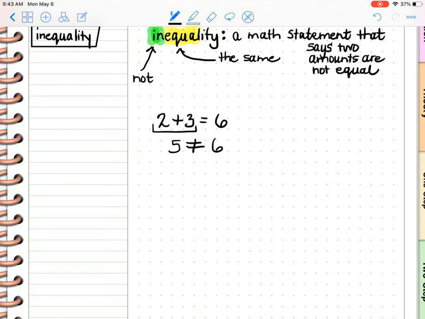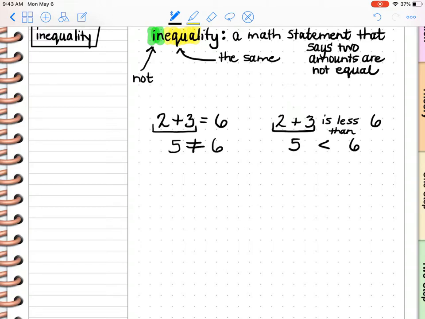Another way would be to say that 2 plus 3 is less than 6. Okay, so because this is 5, the less than symbol is this way.